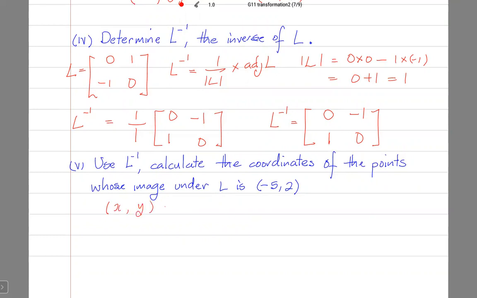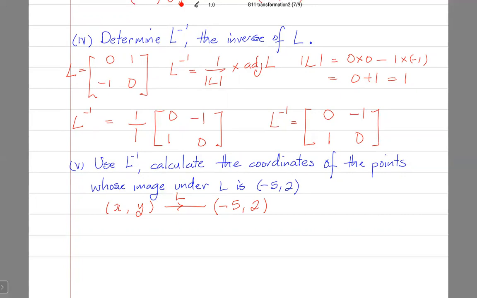L is applied to it and it became minus 5, 2. Watch me. If L took X, Y to minus 5, 2, L prime will take minus 5, 2 back to X, Y.